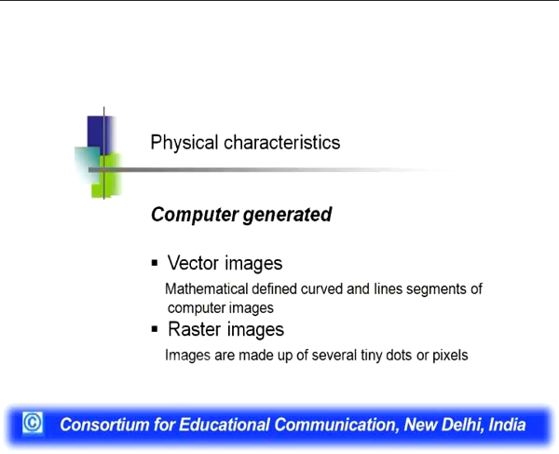I will try to explain further about vector images and raster images. As I explained to you, vector images are formed by dedicated software like CorelDRAW or Illustrator. Raster images are formed by bitmap programs like Photoshop, most commonly used for photographs.